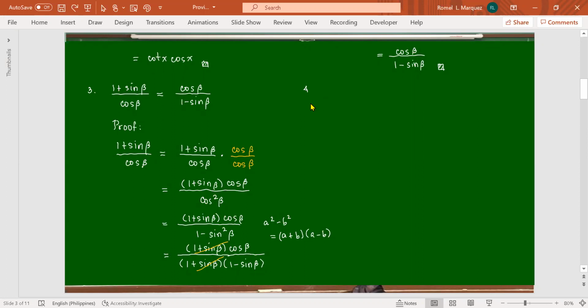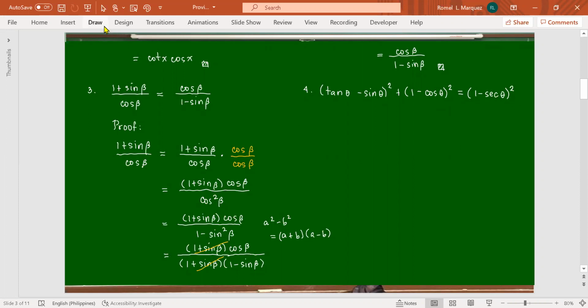So number 4, we have tangent of theta minus sine of theta quantity squared plus 1 minus cosine theta quantity squared, and this is equal to 1 minus secant theta quantity squared.